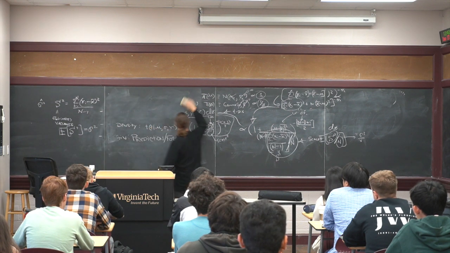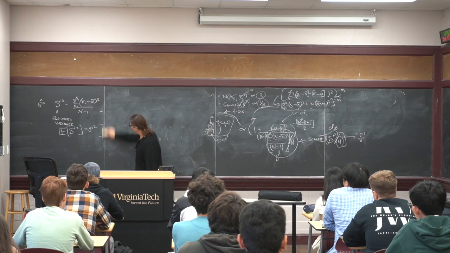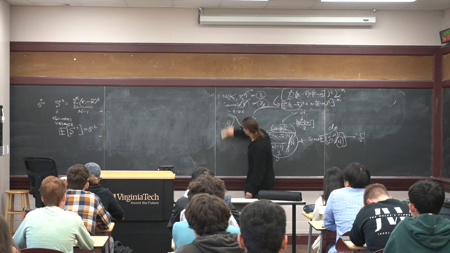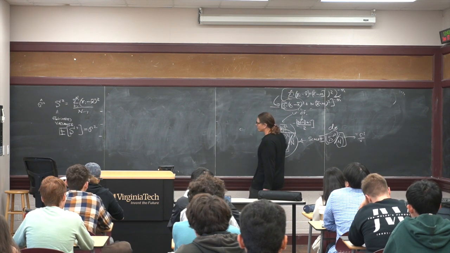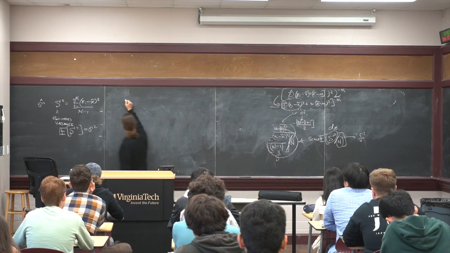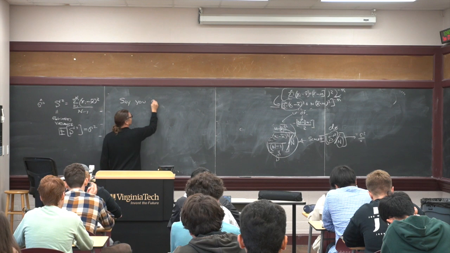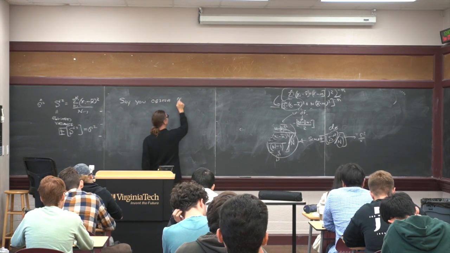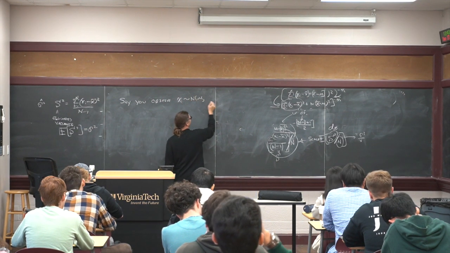So I'm not going to tell you all about filtering, but I'll give you at least the prelude to it and show you how to do basic forecasting. So let me prompt you with a question. Say you observe data coming from a normal distribution.